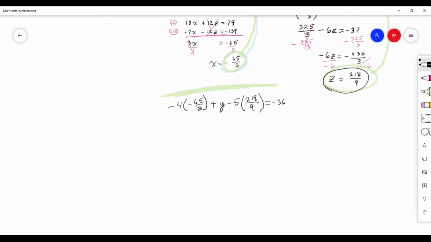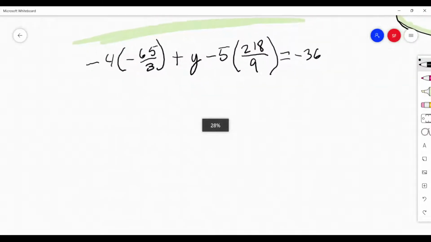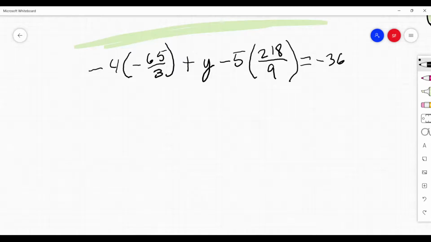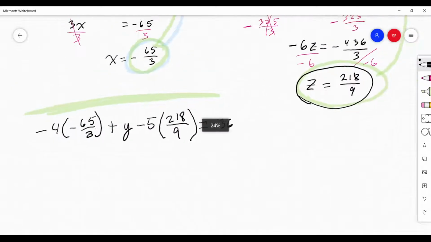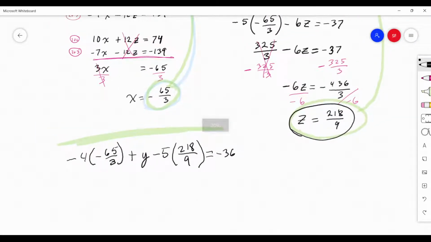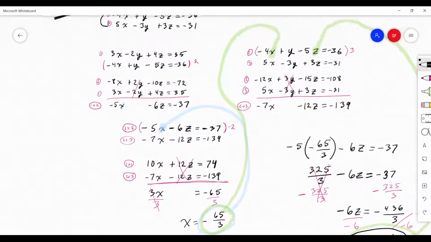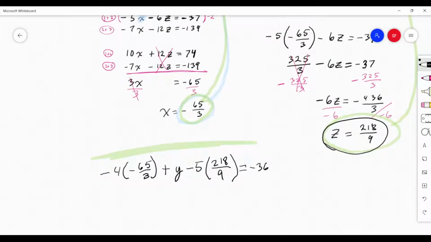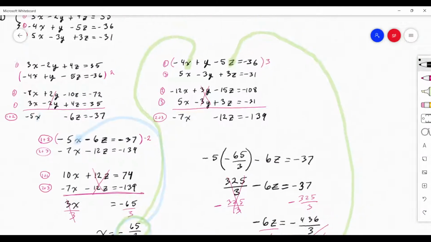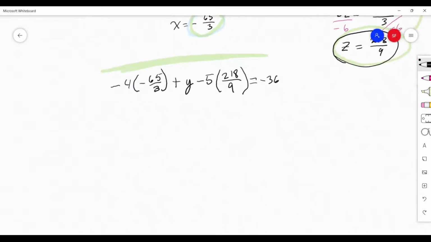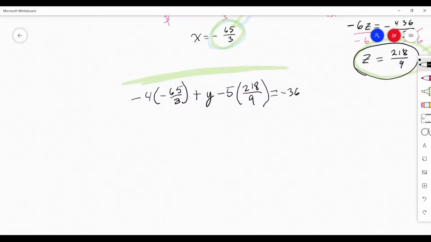Now, let me zoom in. Kind of written ugly because of how zoomed out and weird my hand position was. Let's double check, make sure I wrote the right numbers. I did. Double check with our equation number 2. Make sure it's still negative 4, nothing, and negative 5, and then negative 36. Yeah, looks like we're banging on all 8 cylinders. Okay, so we're going to do this and this first.